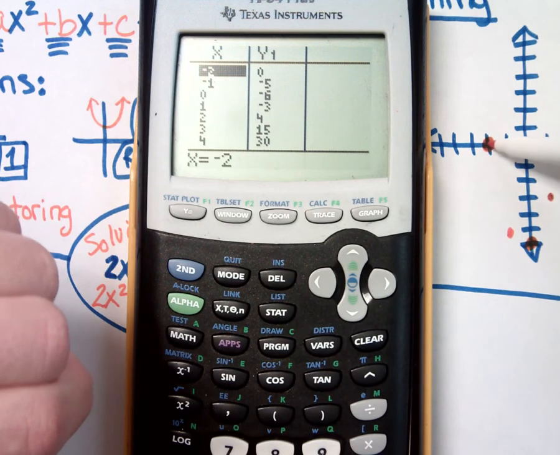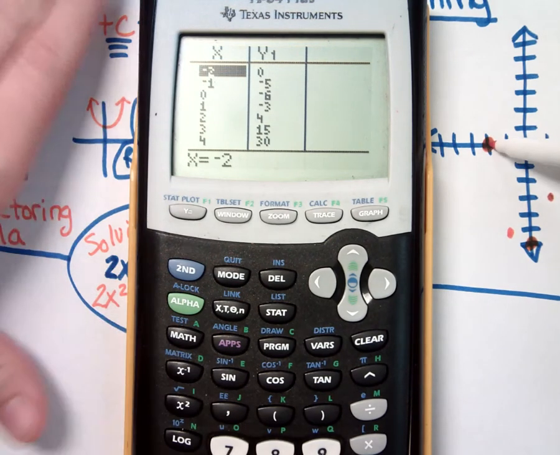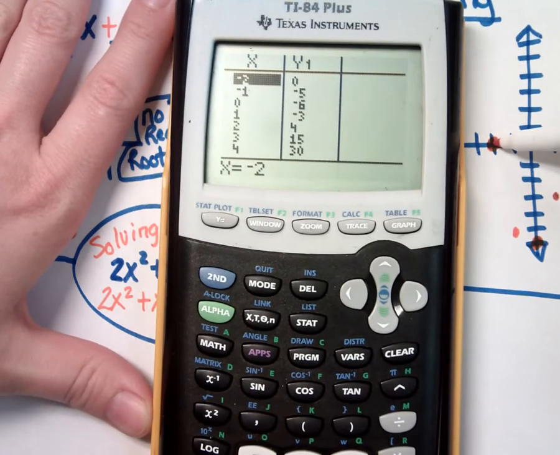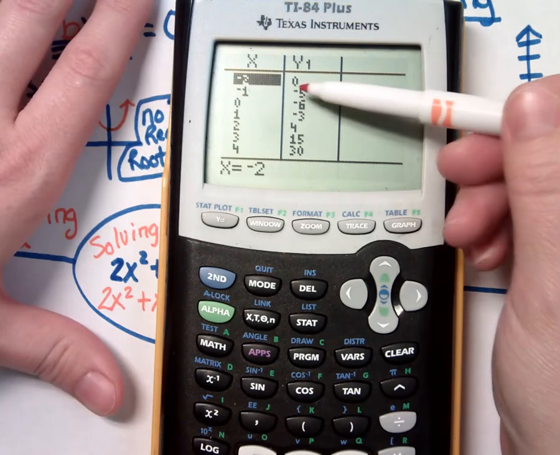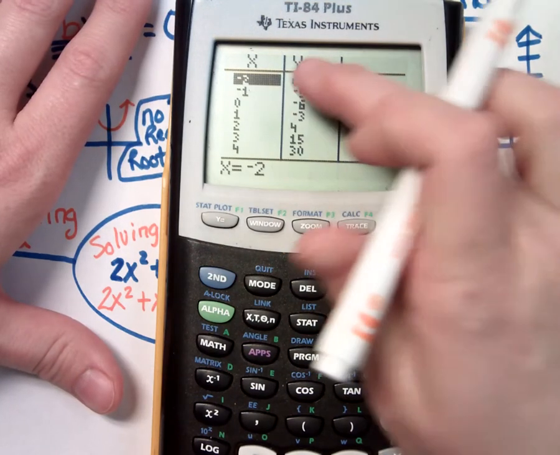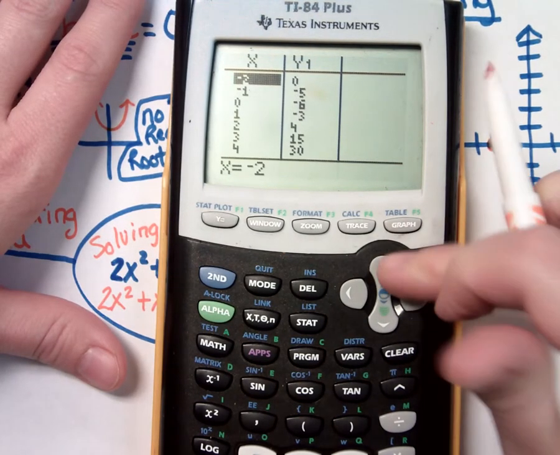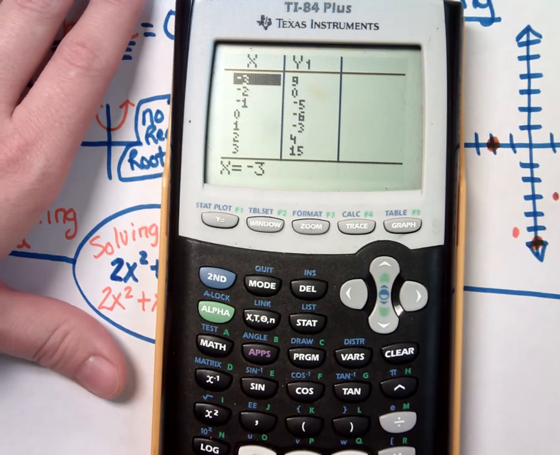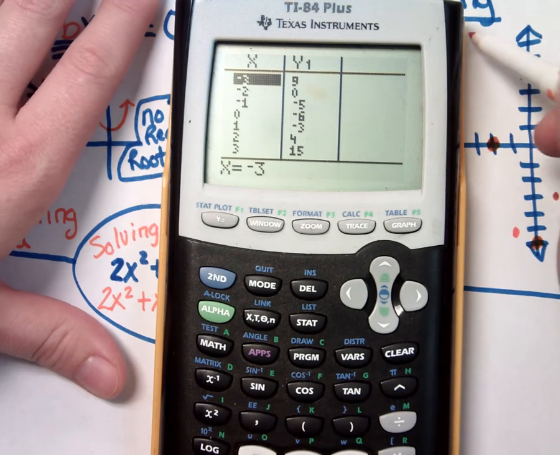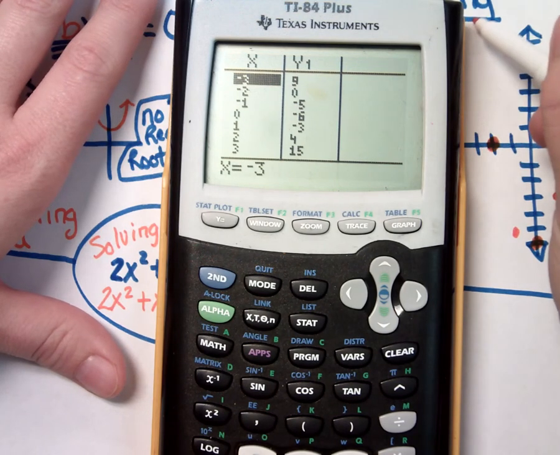Okay, so I do know that -2 is one of the solutions, because I know wherever the graph touches the x-axis, the y value is 0. So when I find that the y value is 0, I know that that is one of the answers, -2 right there. And then let me go ahead and plot -3, 9. Of course, I'm just going to kind of eyeball that. That'll be way up there.